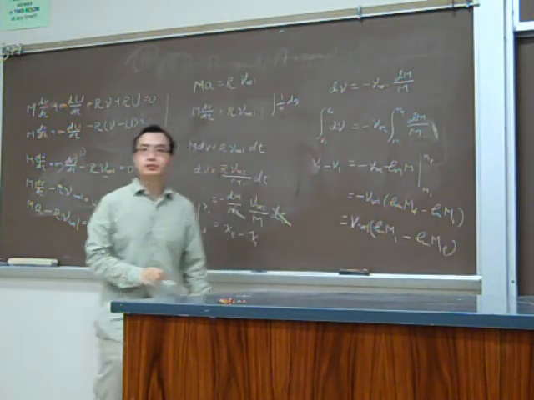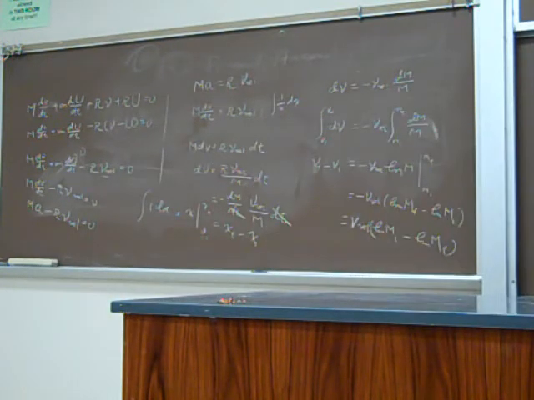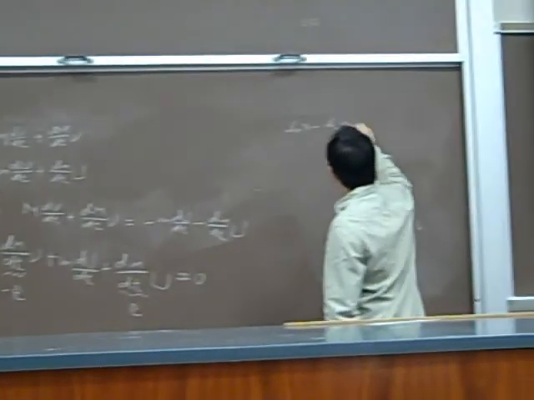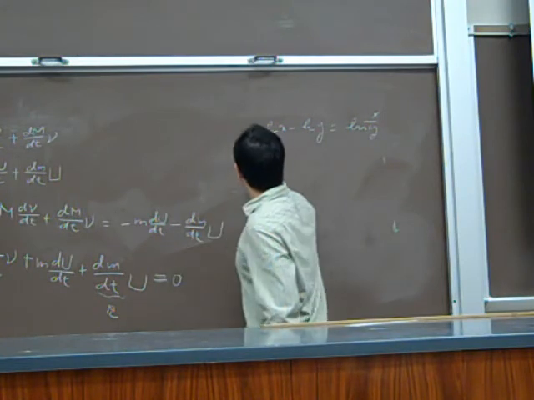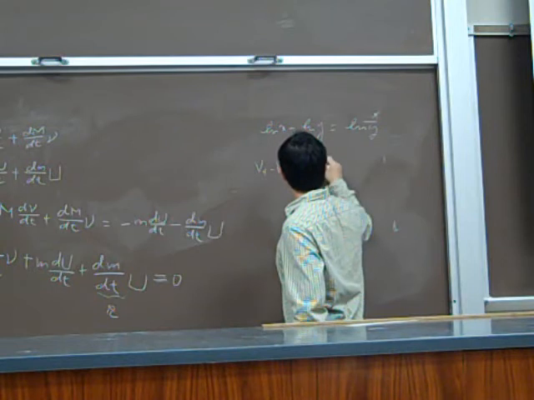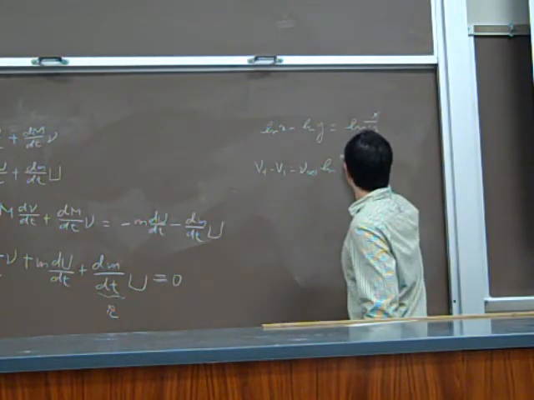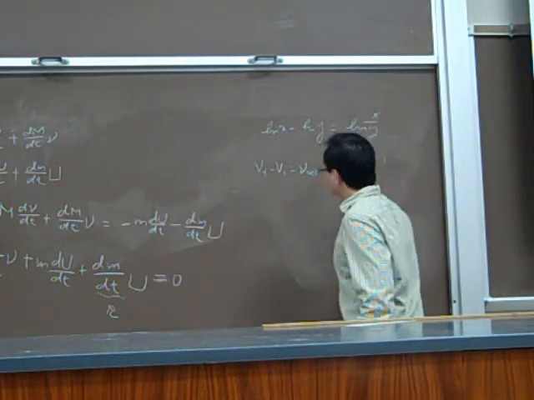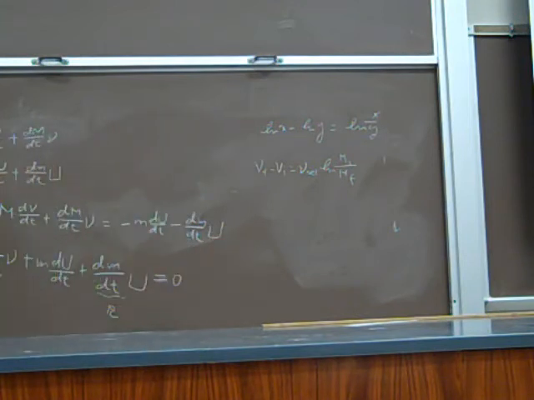Now remember, for the logarithmic function you have an important identity: log x minus log y equals log x over y. So then we get v final minus v initial equals v relative times log of M initial over M final. Right? Okay, so that's it.